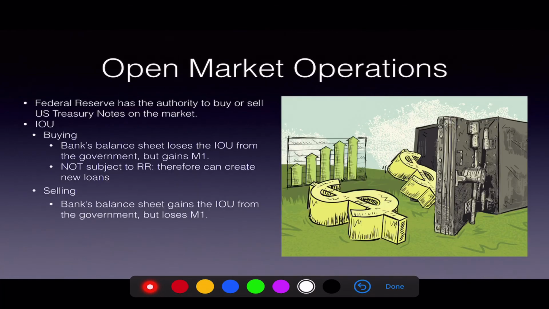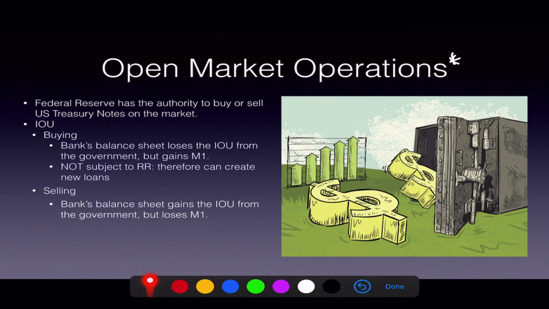The third and most powerful tool, the one that is used most frequently, and something that we really need to understand, is open market operations. Essentially, the Federal Reserve has the authority to buy or sell U.S. Treasury notes on the market. Well, what does that mean? That means that the Federal Reserve is the agency that's responsible for selling promissory notes of the U.S. government.